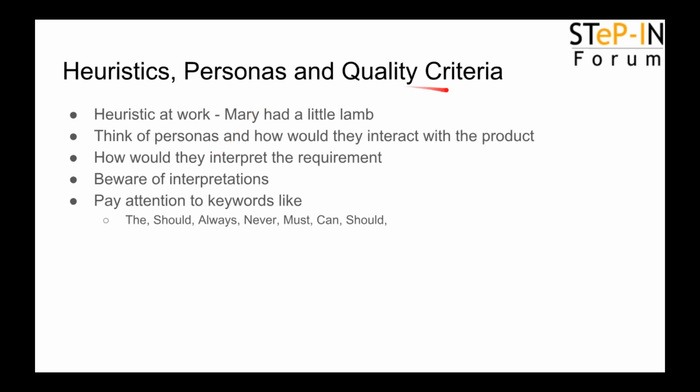And don't restrict yourself to one quality criterion, right? People are so focused on automation and, say, functional testing, they forget usability, they forget accessibility, they forget performance, right? And then finally they say, oh, I need some extra time for doing this, right?